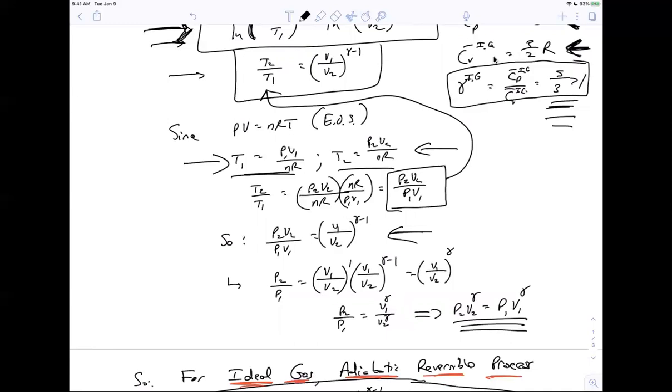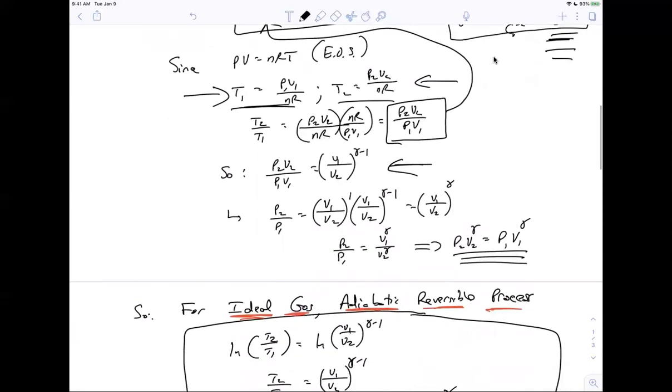Okay. And so now what we can do to go from here to here is to isolate P2 over P1. And we do that by multiplying by V1 over V2, both sides. And what we have on the right-hand side then, right here, is just this thing with V1 over V2.